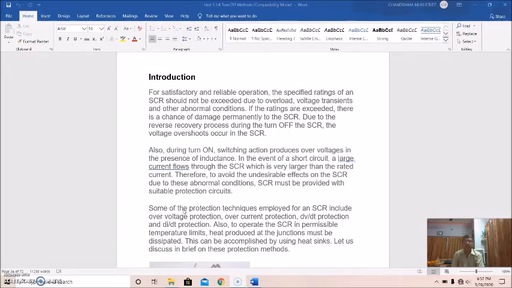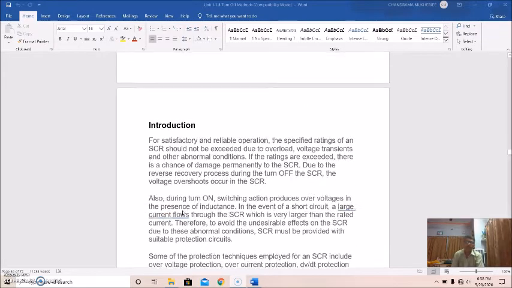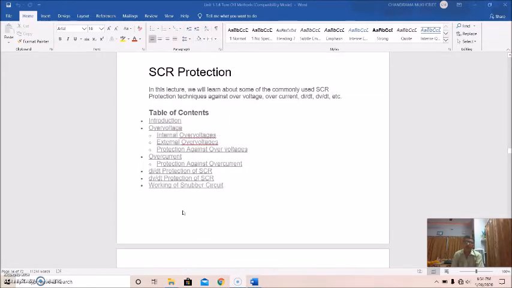So today, in the last class, we discussed rating specification as well as the snubber circuits and freewheeling, flywheel diodes, etc. Now, how are snubber circuits useful for the protection of SCR?